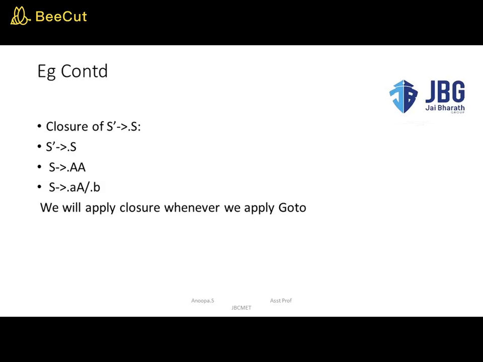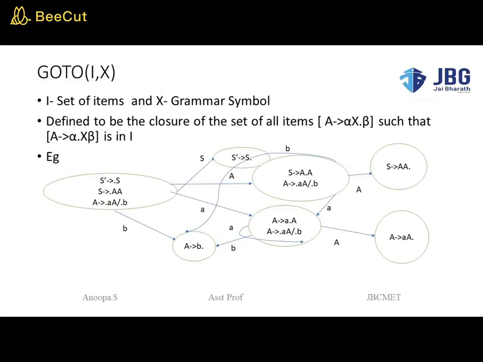Okay, before going to an example, let us see what is a kernel item and a non-kernel item. So kernel item includes the initial item, that is S' giving dot S, and all items whose dots are not at the left end.